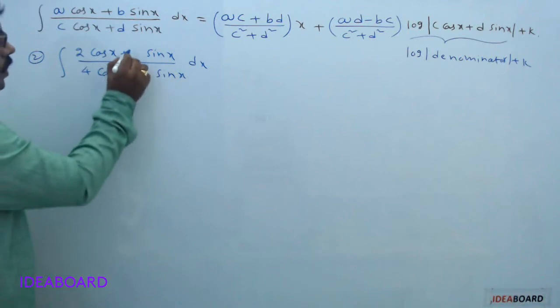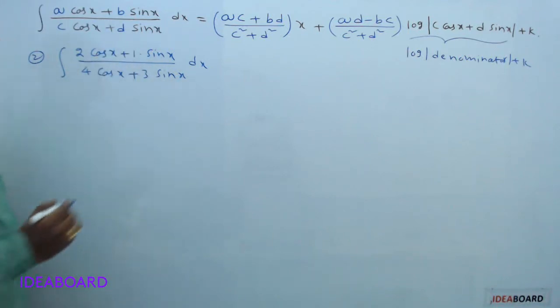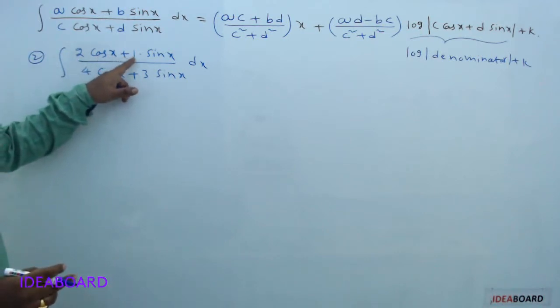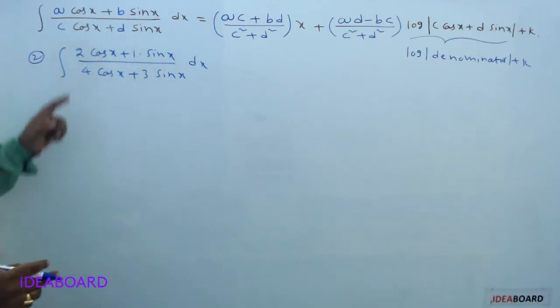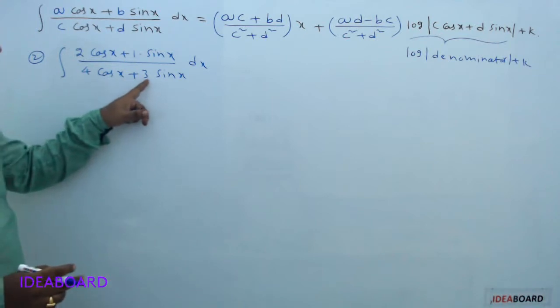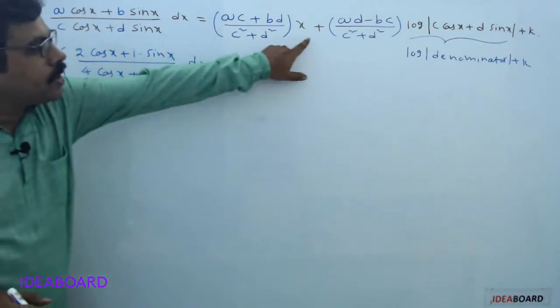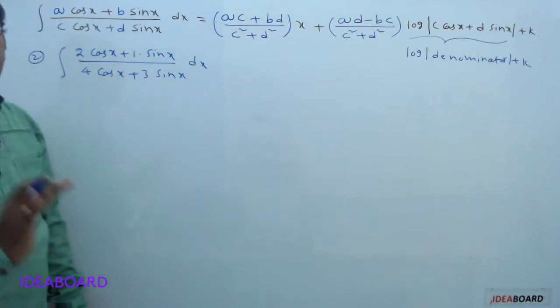Here sin x is given, it can be taken as 1 into sin x also. Once again, a cos x plus b sin x divided by c cos x plus d sin x. Now you can apply this shortcut formula directly.